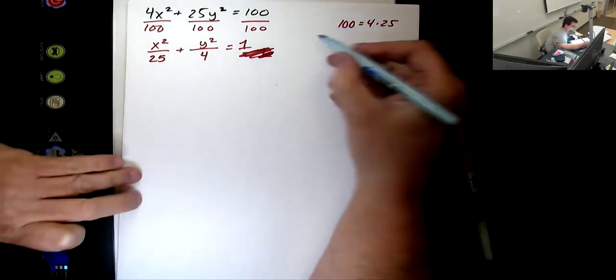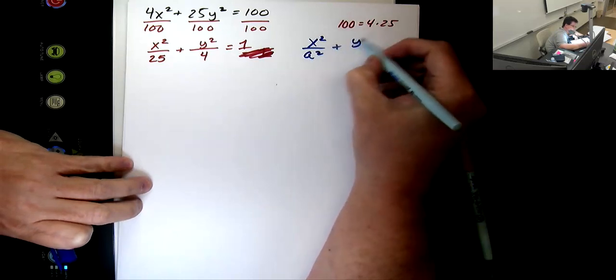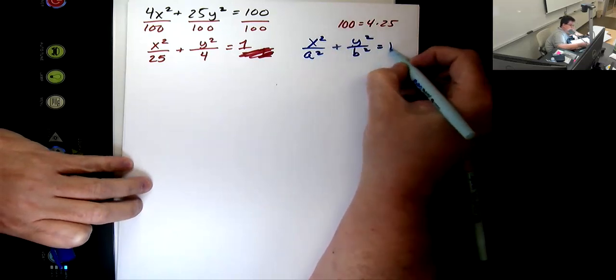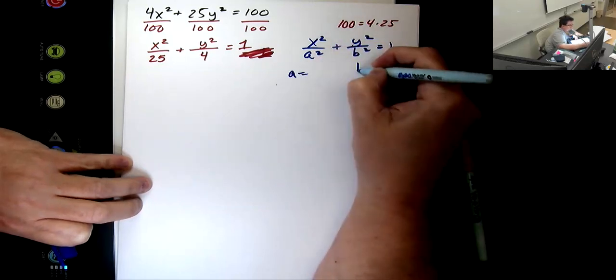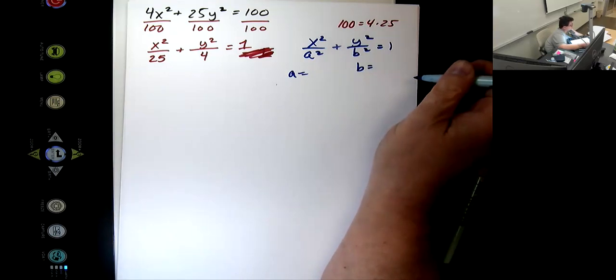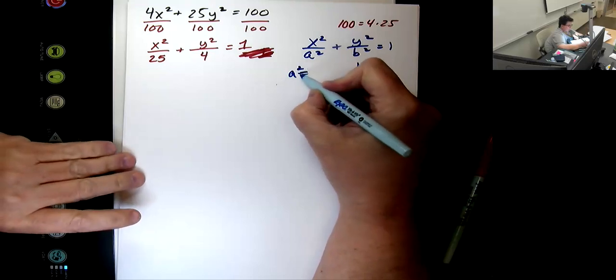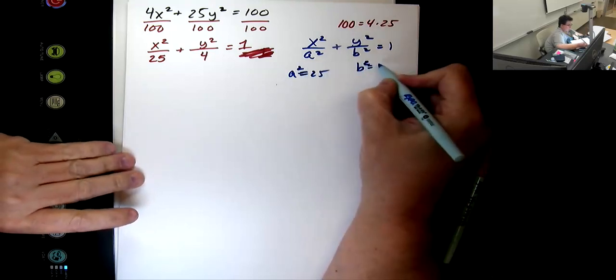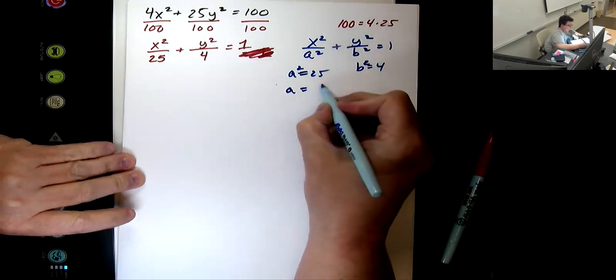Now, match this up with x squared over a squared plus y squared over b squared equals 1. What does a equal and what does b equal? A squared is 25, b squared is 4. So if you want a, you've got to take the square root. a equals 5, b equals 2.